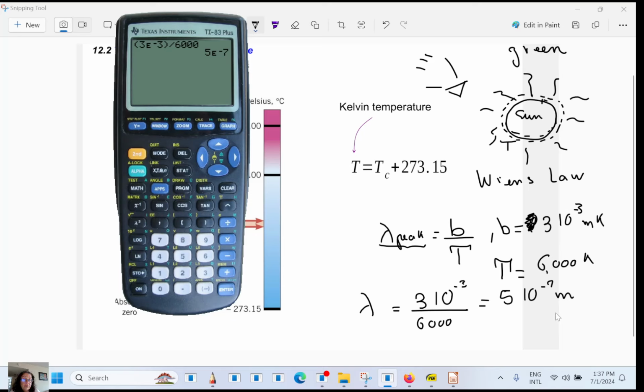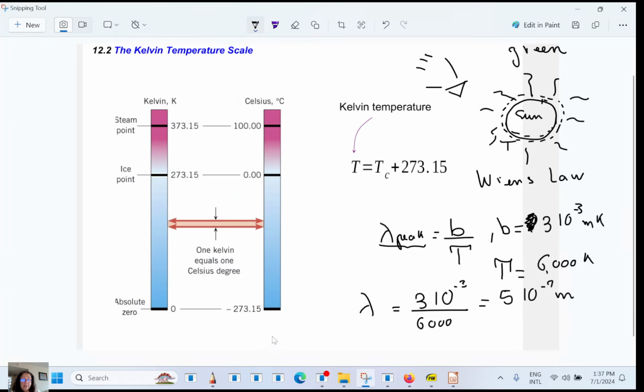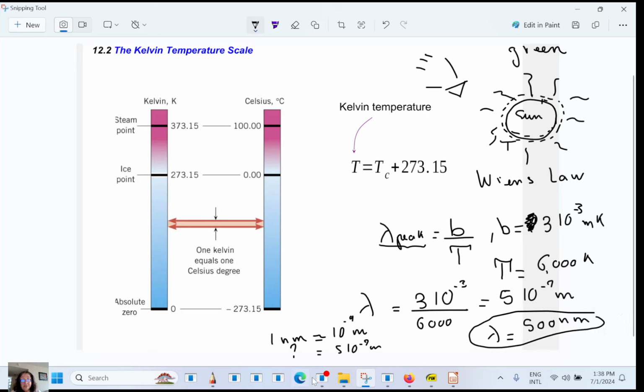And if you want to convert that to nanometers, can you do that? So 1 nanometer is about 10 to the negative 9 meters. So you can cross multiply, divide, and you can pause the video, and you're going to get 500 nanometers.